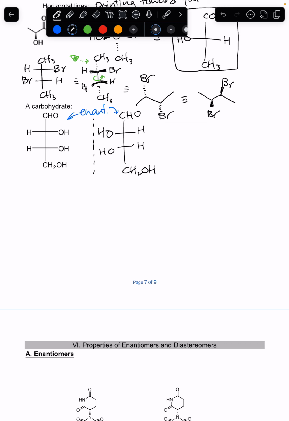Okay, and if you change just one stereocenter, you are making, hopefully you guessed it right, a diastereomer. Right, these two are related as diastereomers of each other.